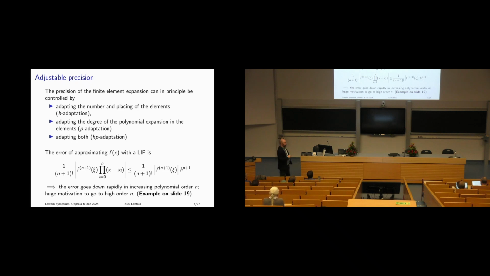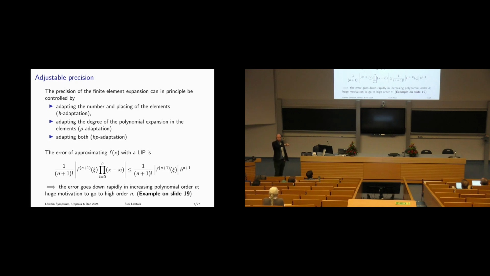And the accuracy of your expansion is now determined by the numerical order of your polynomials, and then the number of elements, or how you place these elements. And then if you look at the error term for this approximation, it's essentially the n plus first derivative of your function.